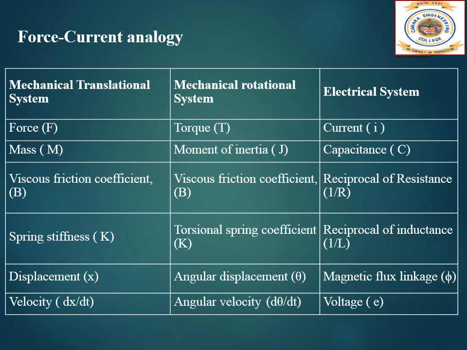Spring constant stiffness K is analogous to the reciprocal of inductance, 1 by L. Displacement and angular displacement are analogous to the flux linkage phi, and the velocity dx by dt and the angular velocity d theta by dt are analogous to the voltage. So thank you, dear students.